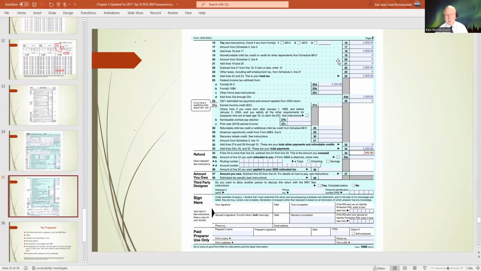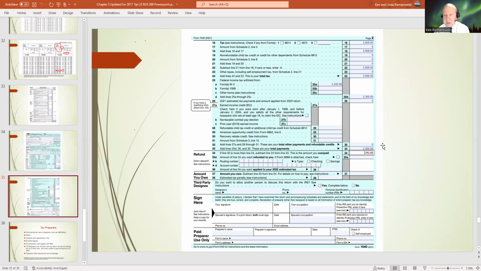So if we move along here, using the same chart that I told you about, and the same way that you look it up, he will owe $3,008. Again, you follow down all the same numbers the way that we did. He owes $3,008. You'll remember he still had $3,300 withheld from his pay.